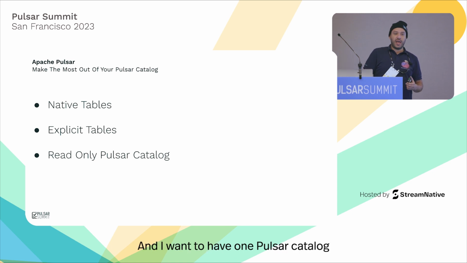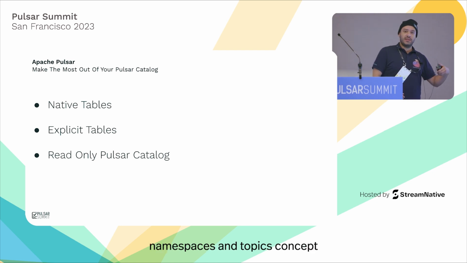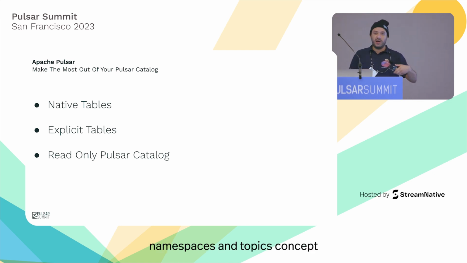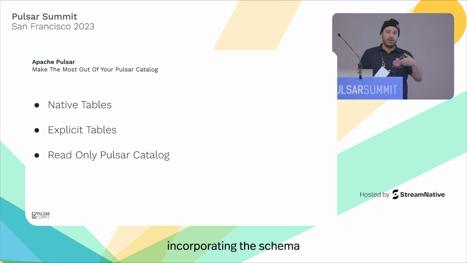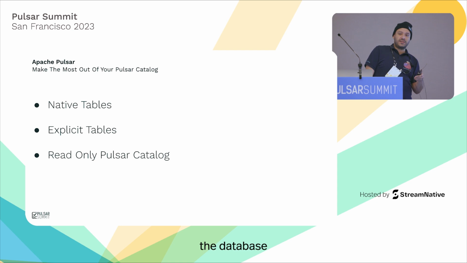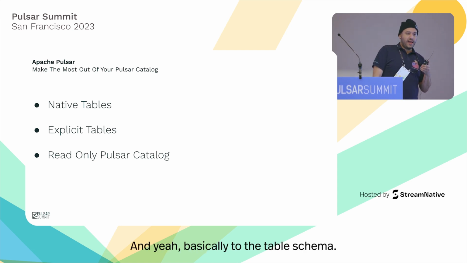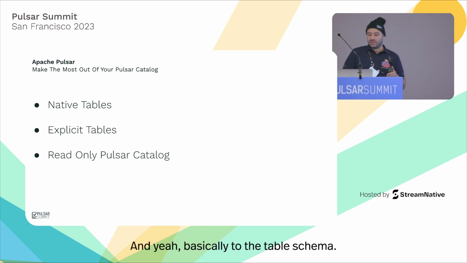I want to have one Pulsar catalog that matches this tenants, namespaces, and topics concept, incorporating the schema into the catalog in Flink SQL: to the database, to the table, and basically to the table schema.